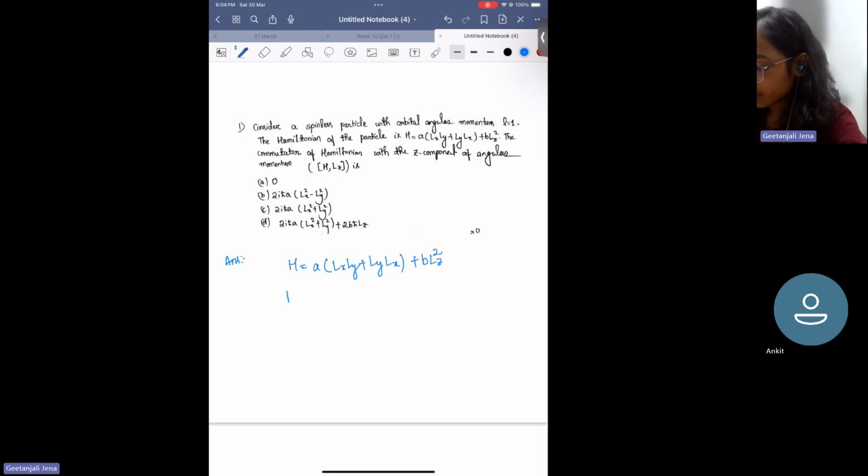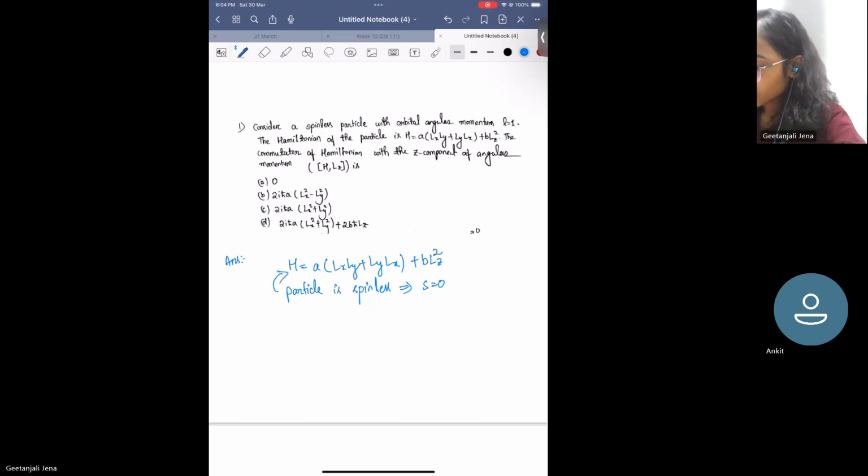The particle is spinless, so that means S is 0. It is asking about the commutator of the Hamiltonian with the Z component of the angular momentum.